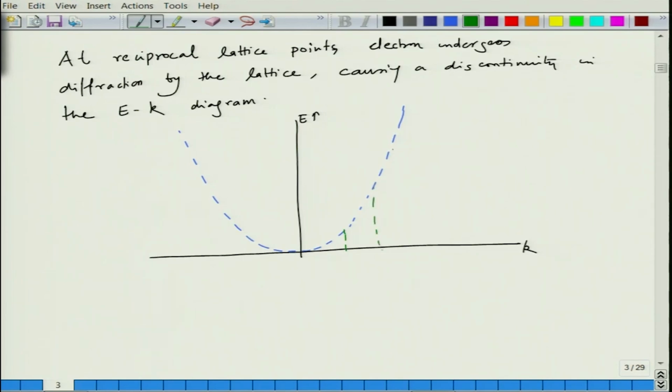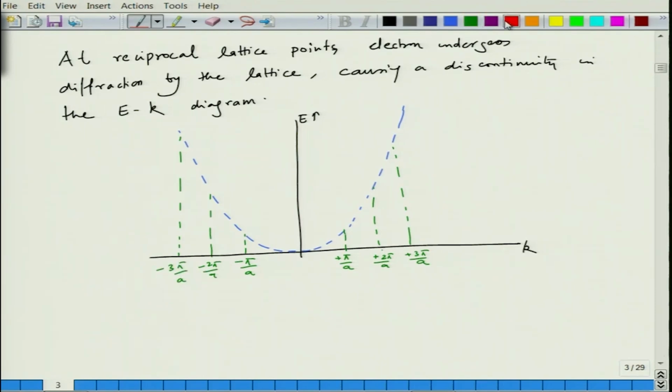So, k is the reciprocal wave vector. So, it is basically a vector in the reciprocal space. Okay, so, this is plus pi by a, plus 2 pi by a, plus 3 pi by a and so on and so forth, minus pi by a, minus 2 pi by a, minus 3 pi by a.